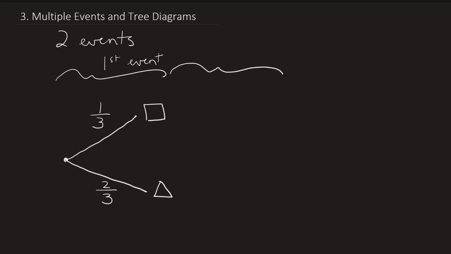Now let's say we have a second event, and in this second event, I also have two possible outcomes. If I get a square in the first event, I have the chance of getting either one of these outcomes in the second event. Let me make the first outcome a circle and the second one a diamond.